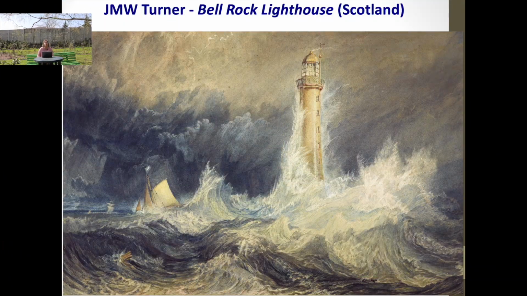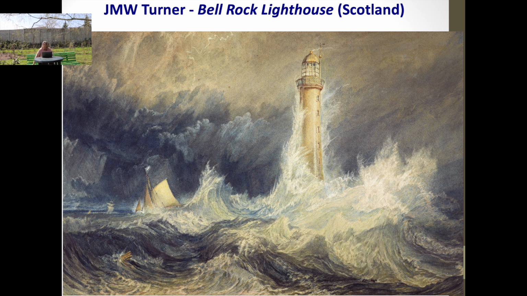Another image from the north is Bell Rock Lighthouse from Scotland. You may remember it. This was one of the great achievements of early 19th century engineering. This is before Victoria, when the engineers from the Stevenson family actually managed to construct this lighthouse on a very small rocky island next to the coast of Scotland, in a particularly dangerous place.